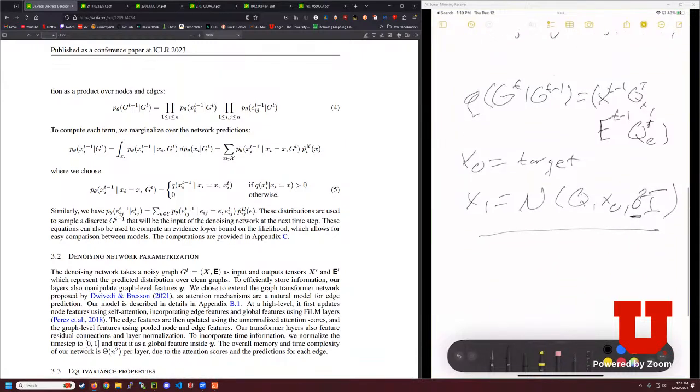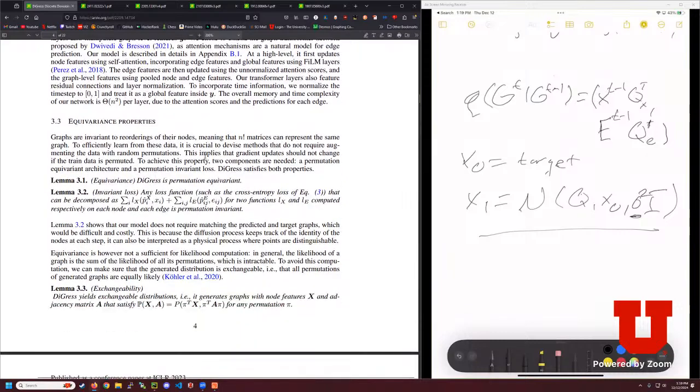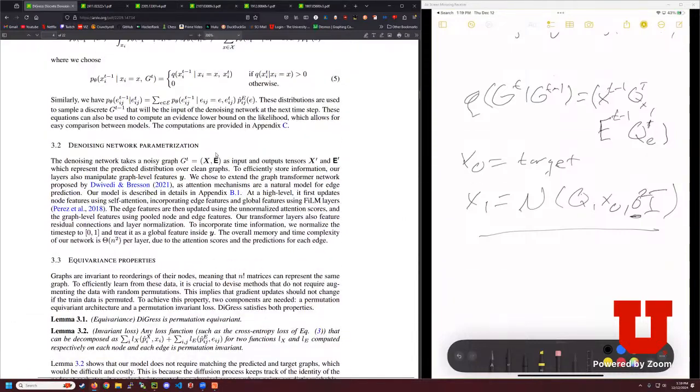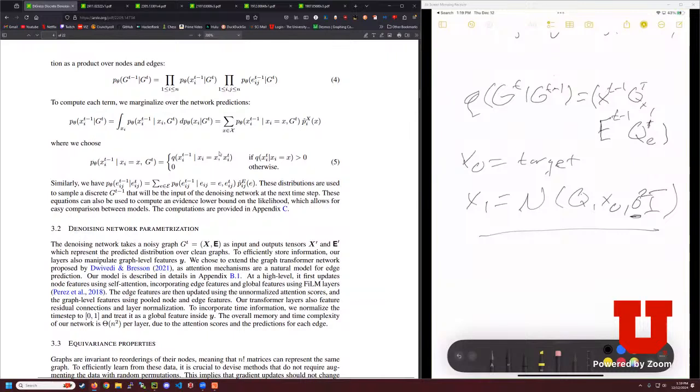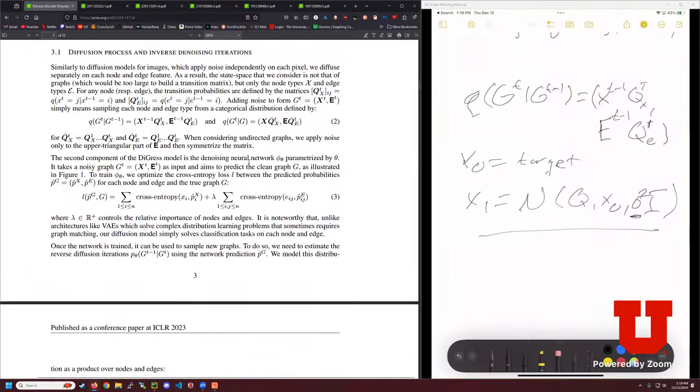Yeah, it makes sense. I just want to know a little bit of details. So basically, they are assuming the maximum number of nodes is n, right? Yes, they assign some cardinality to x. That means you cannot generate a graph with more than n nodes, more than a given cardinality.